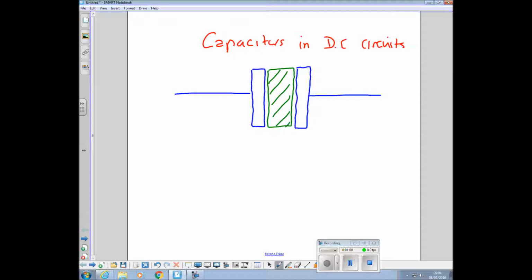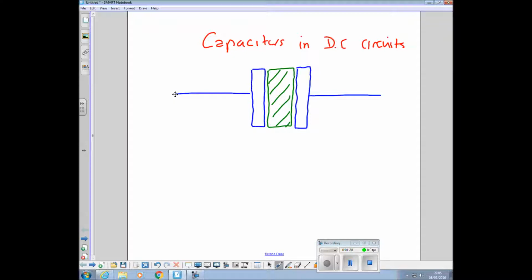That could be a range of different materials, from air, i.e. an air gap, all the way to things like ceramics and electrolytic materials, kind of like similar to what you would have in a battery. But it's a dielectric that is insulating.